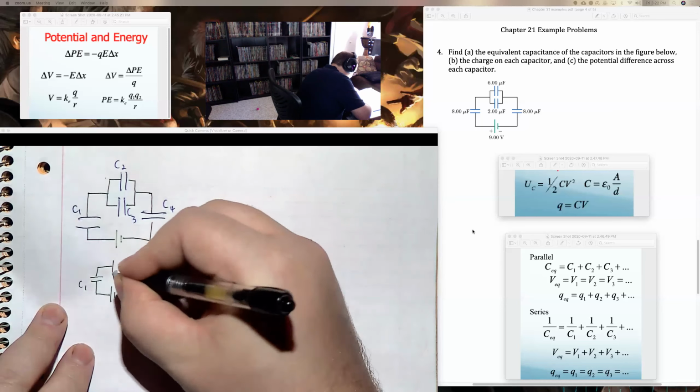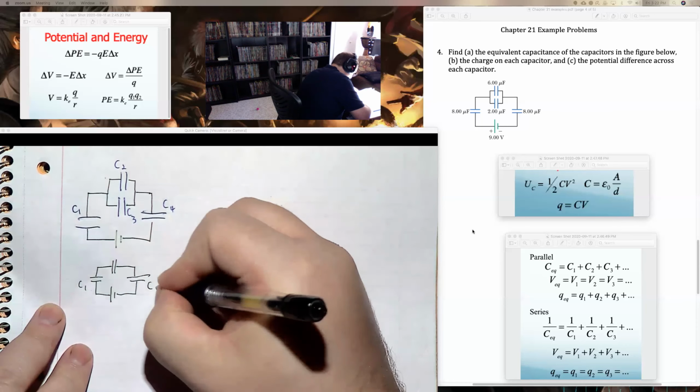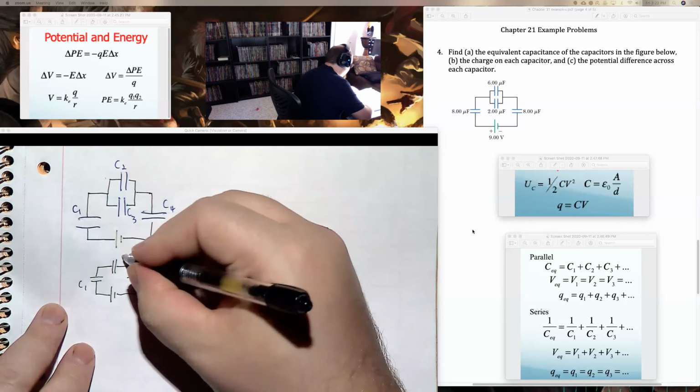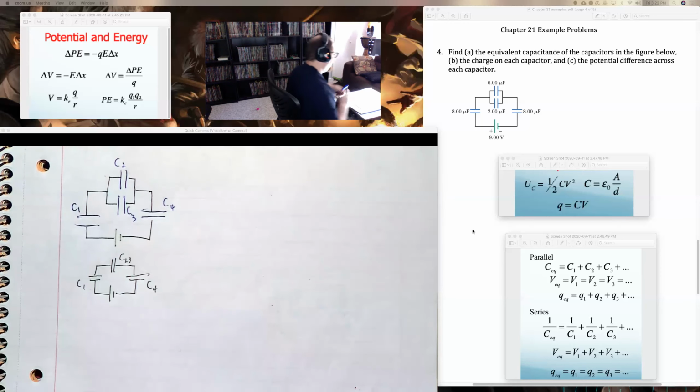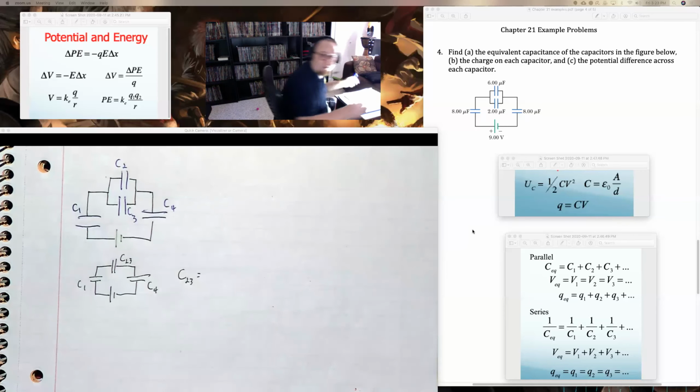So I can say this would be the same as this, where the capacitor up top is a C23. But the capacitor at the top is just a combination of C2 and C3. But C2 and C3 are in parallel. So C23 is made up of, once again, capacitors 2 and 3 in parallel.